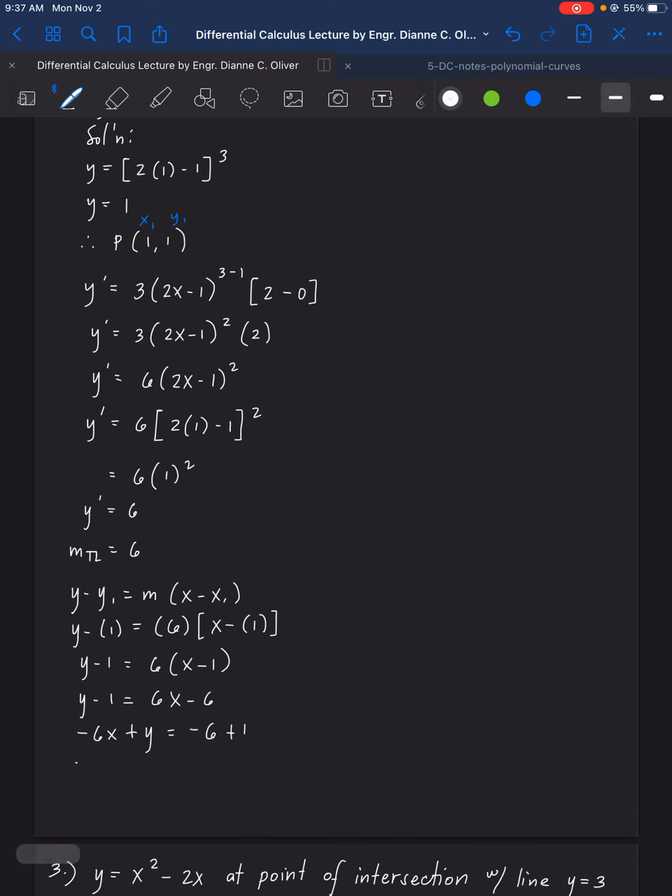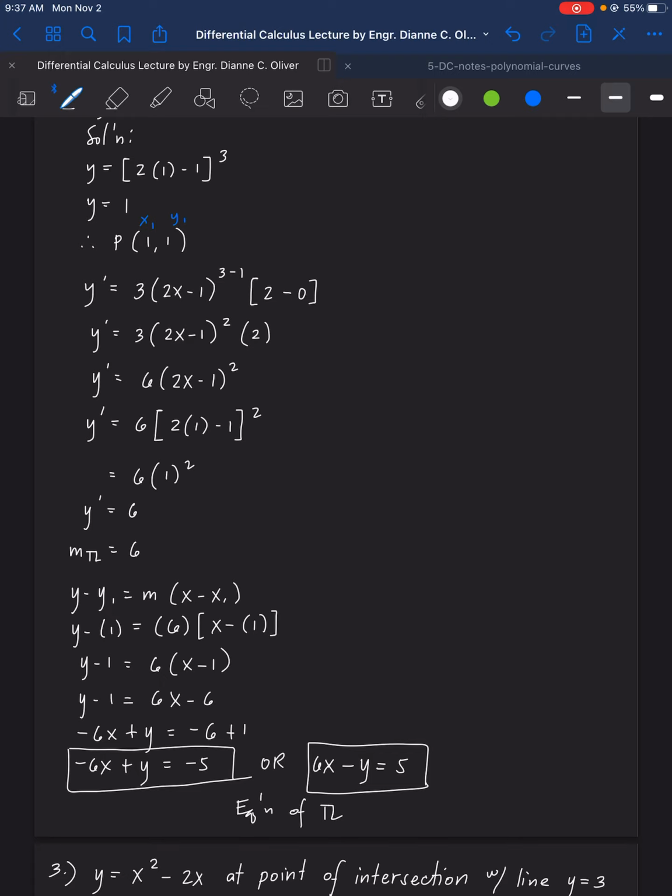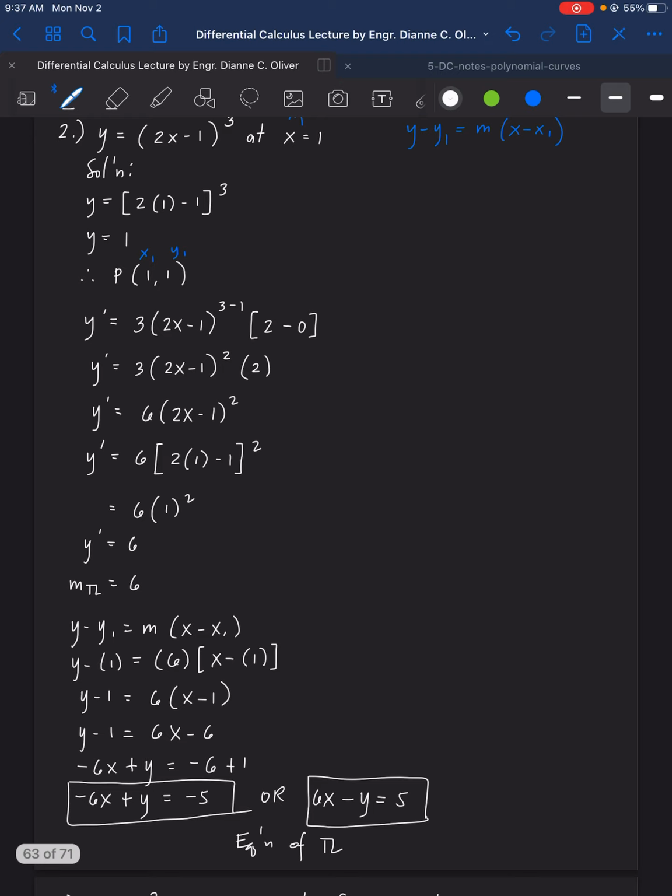So, we have there negative 6x plus y equals negative 5. This is now the equation of the tangent line. Or, we can have it 6x minus y equals 5. So, these are all equations of the tangent line. Whichever is your answer, the first one or the second one, it's still the equation of the tangent line.